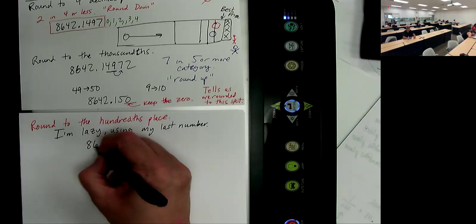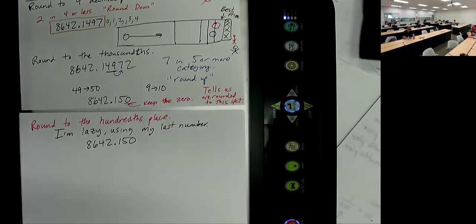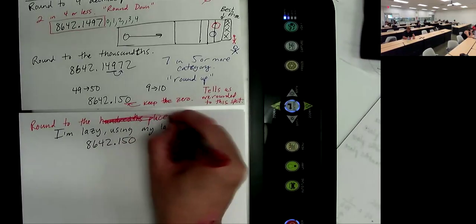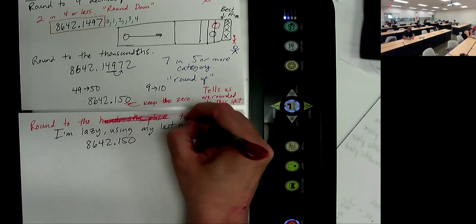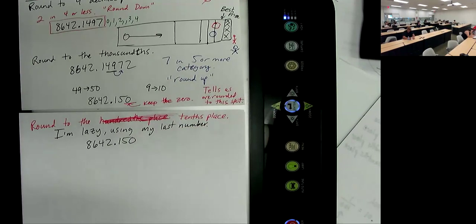So if I had 8642.150. Wait, let's not go hundredths, let's go tenths. Round to the tenths place. That's gonna illustrate what I want to show.